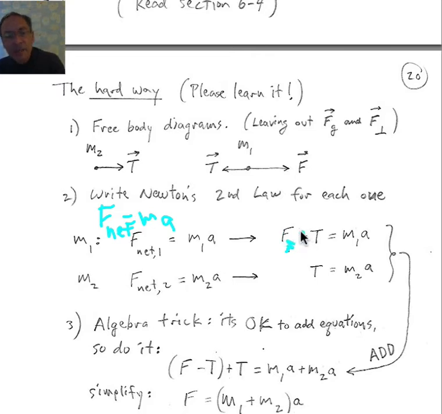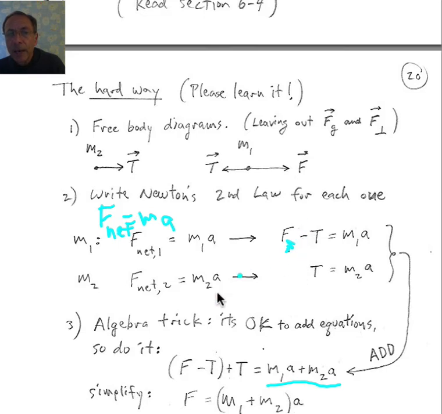So you can take the square root of both sides, you can add to both sides, you can subtract from both sides, you can do anything as long as you do it equally. So here what we're doing is adding these two equations. We're going to add the stuff on the right hand side, and it gets us m1a plus m2a. So we added the stuff on the right hand side. Now we're going to do the same with the stuff on the left hand side.